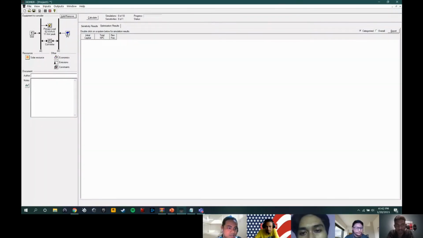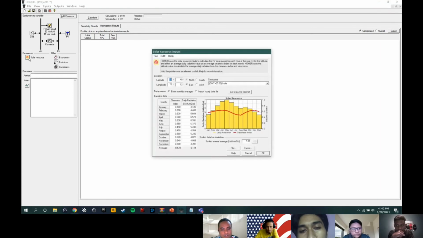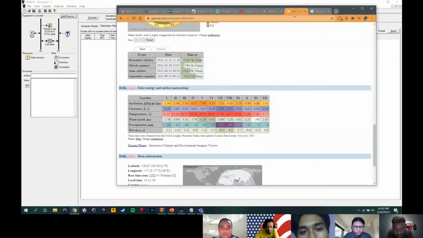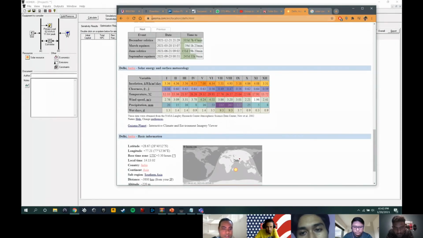Yes. Okay, as you know, Nasrullah and I are doing Delhi, India. So we have also done the simulation as you can see here. For the solar resource, I have already put in the values, which I got from our lecturer, madam, from Gaisma.